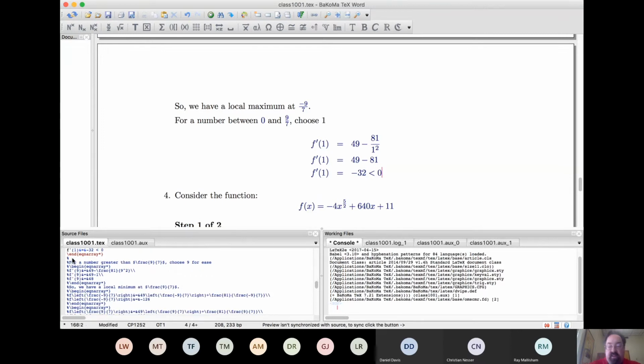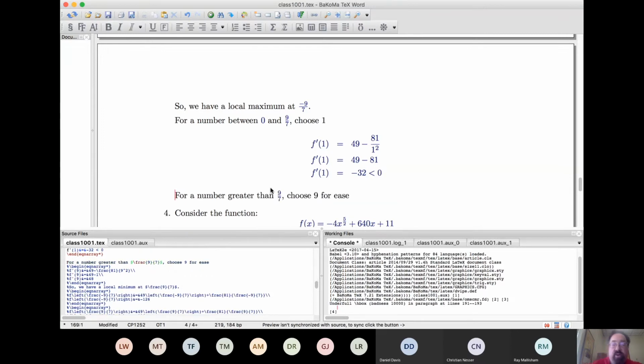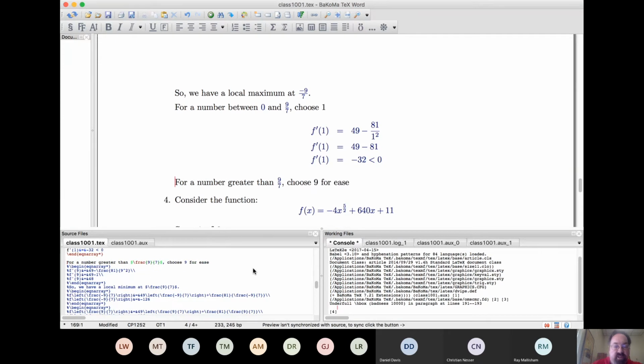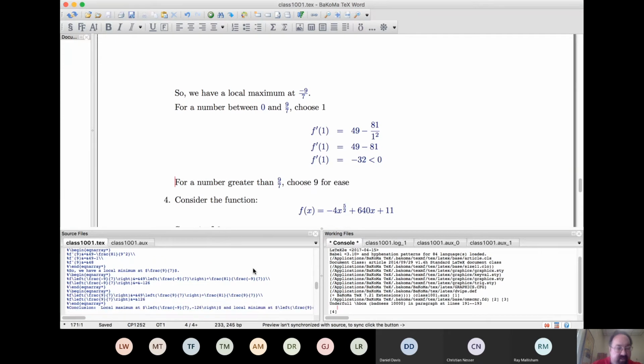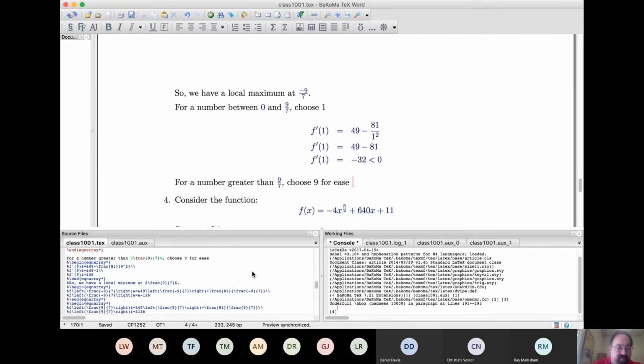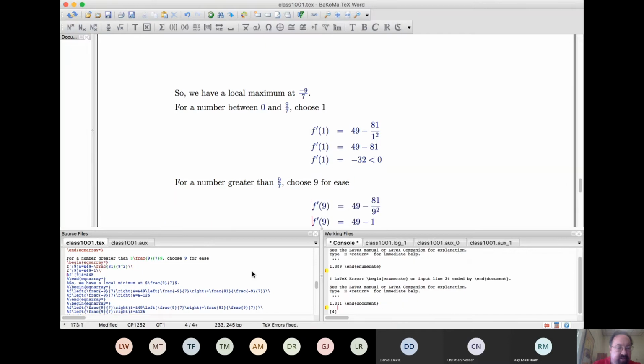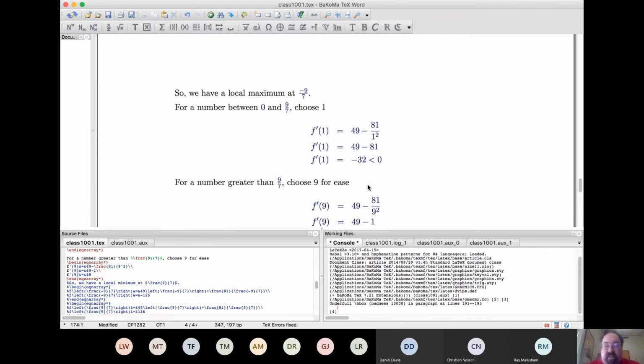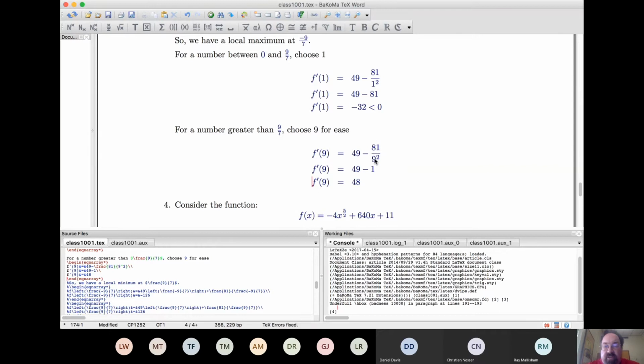And finally, we need a number greater than 9/7. So I'll just choose 9, just because, and you can choose anything, but things work out particularly nicely in this case. Because I have 49 minus 81 over 9 squared. So the 81 and 81 cancel each other out, and we get a positive value.